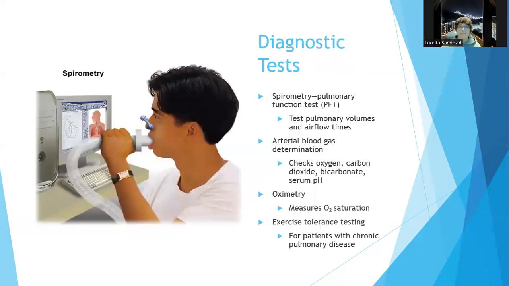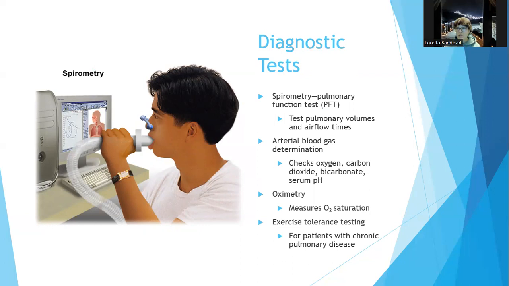Isn't that nice? So there are lots of diagnostic tests that are standard for respiratory function. Spirometry, or pulmonary function test, PFT, tests pulmonary volumes and airflow times. I'm sure some of you have probably had this test. The guy in the picture is getting it done, where they say breathe out as much as you can, and they test your pulmonary function.